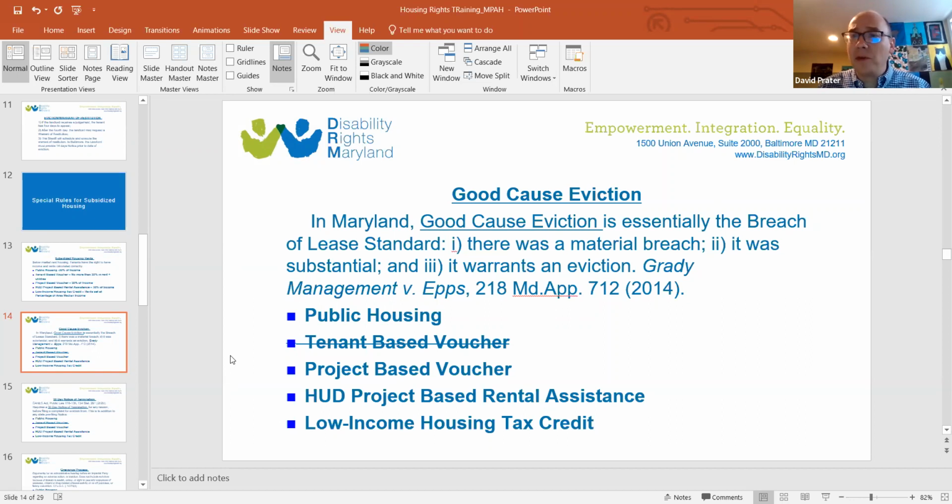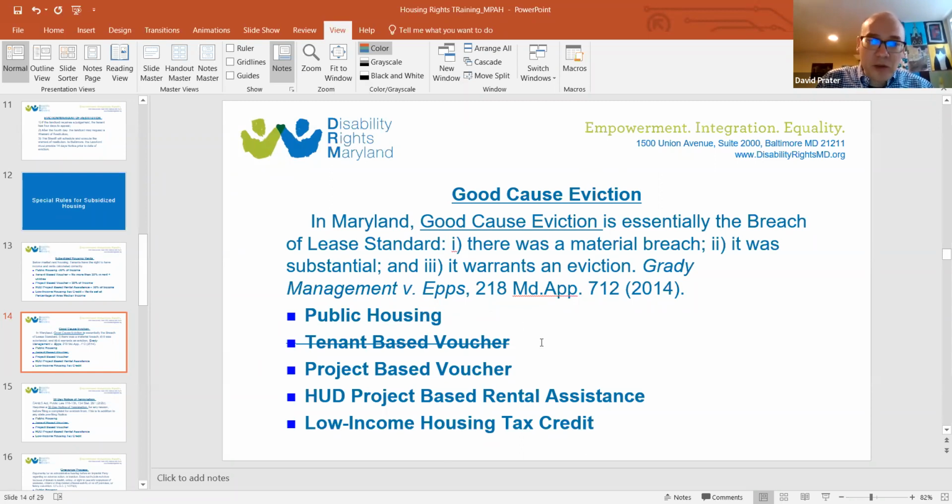And Maryland courts have held that what that means is essentially a landlord has to show that there was a material breach, that it was substantial, and that it warrants an eviction. So in subsidized housing, really, the landlord can evict you when you have breached your lease.